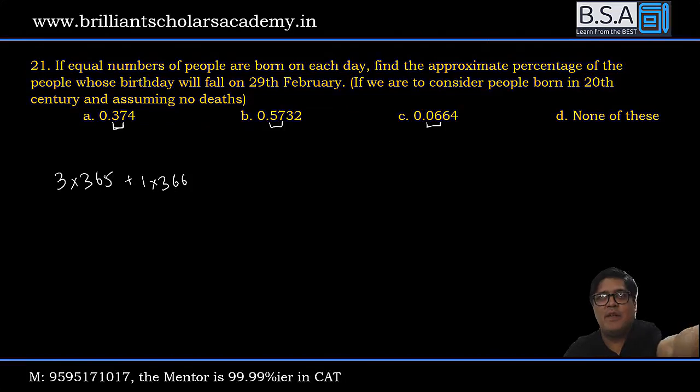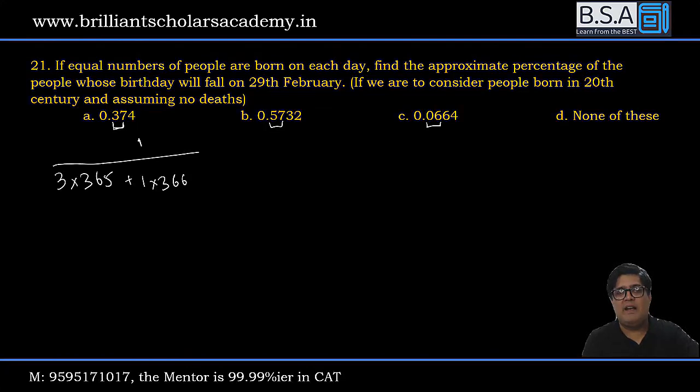So the number of days will be 366. Every day one person is born. So how many people are born on 29 February? On 29 February, there is only one day out of these total days.